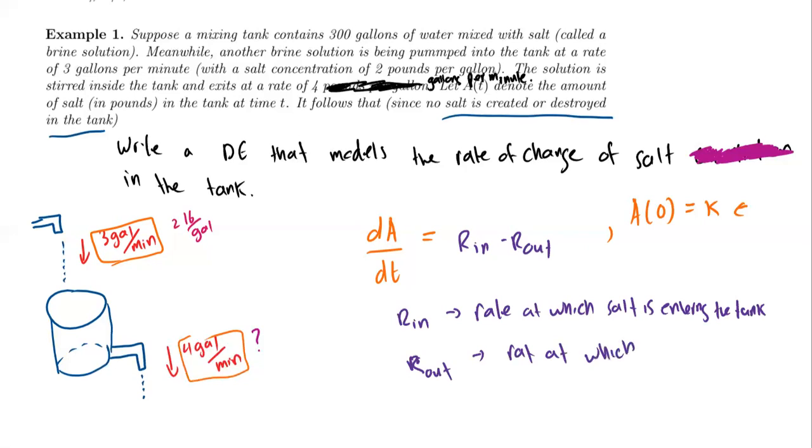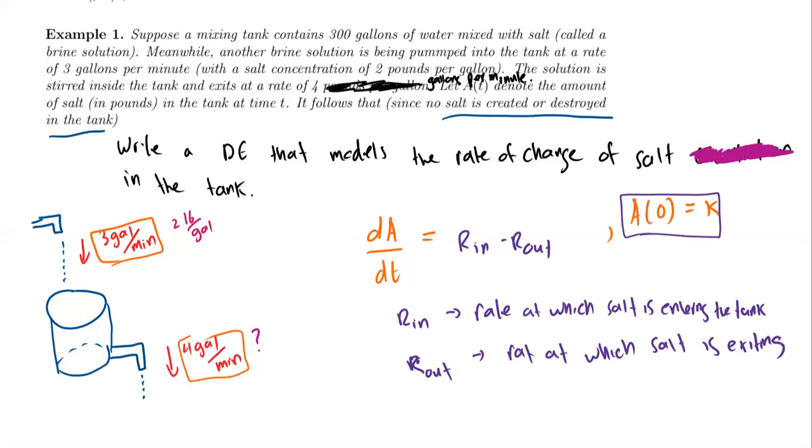Now, the reason why this differential equation works is because, again, we're assuming that no salt is created or destroyed inside the tank. That means that the amount of salt completely depends on the initial condition, right? The amount of salt that was inside the tank before we started pouring in and pouring out the brine solution, and the new salt that is coming in based on the brine solution, and the new salt that is going out.